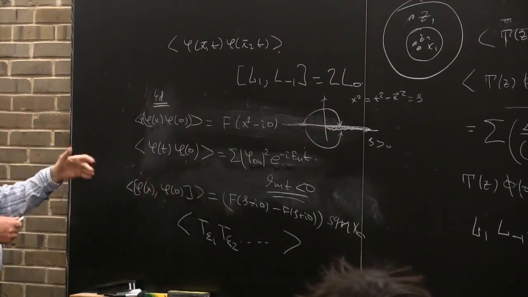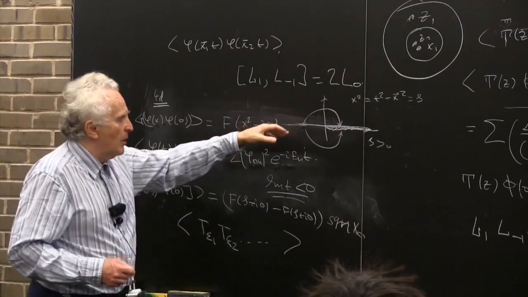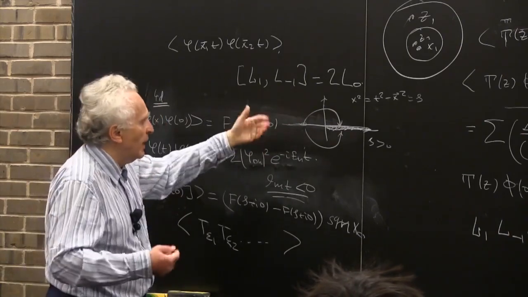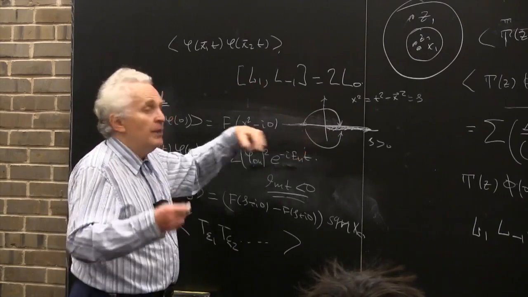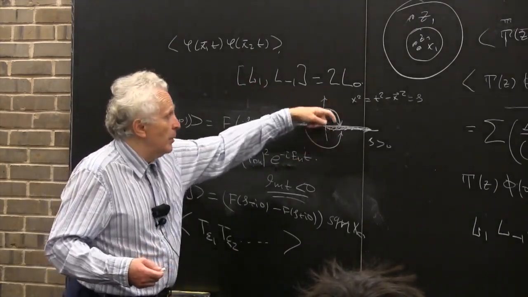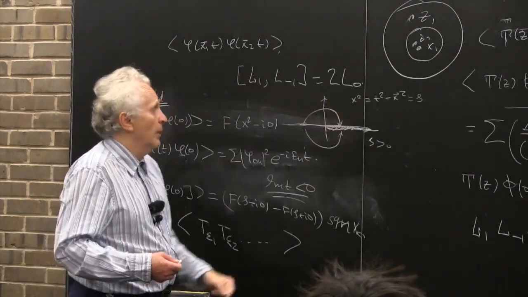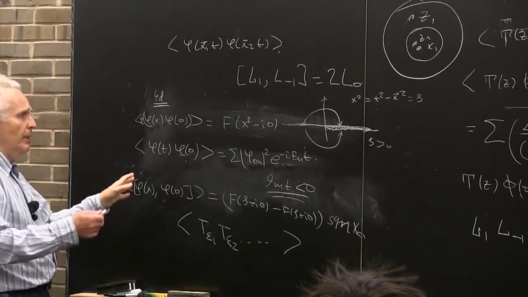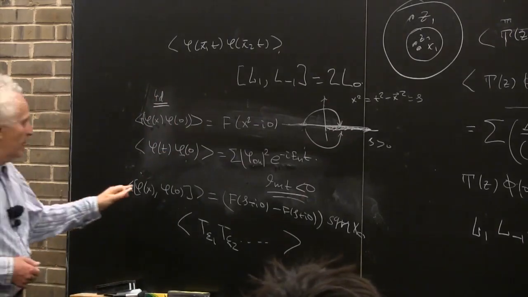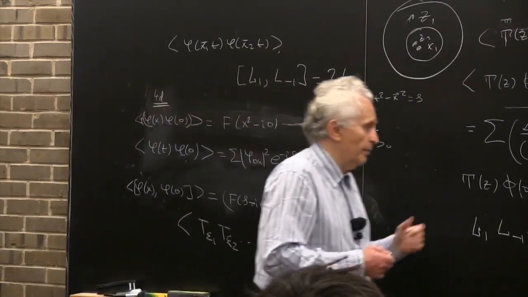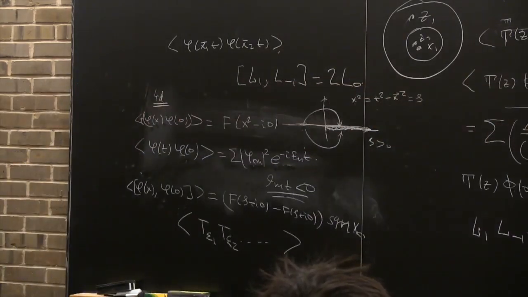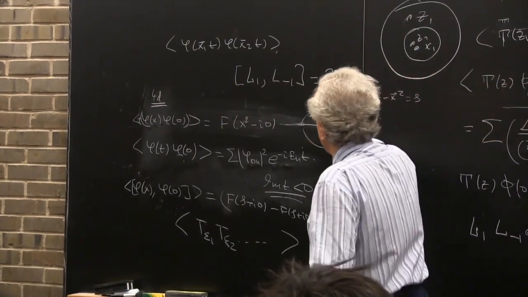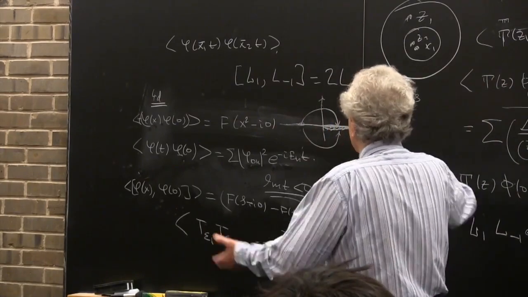So from the complexified Euclidean point of view, different orders of operators correspond to different approaches to the cut in the complex plane of s. And in this way, you have a complete algebra of operators and so on.